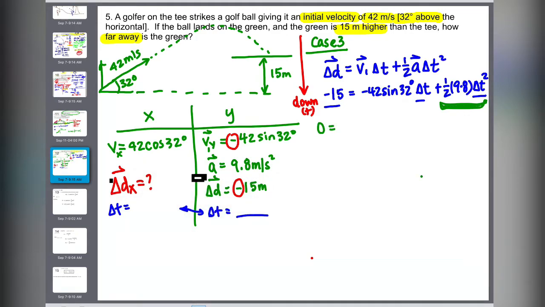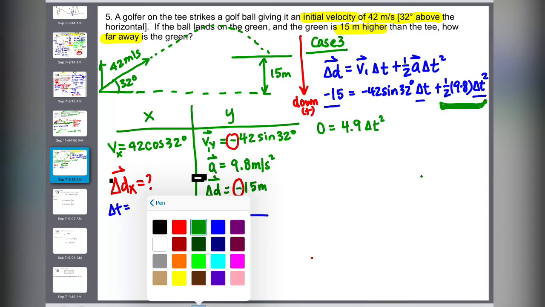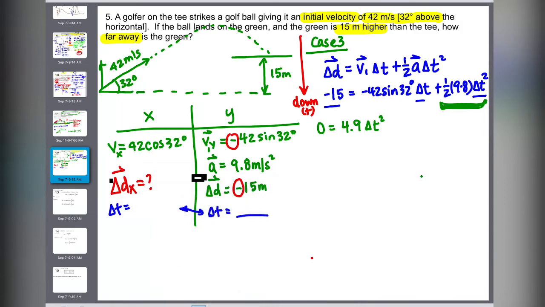I'm going to take a look at the green part first, okay? Half times 9.8 times delta T squared, I have 4.9 delta T squared. Then the next term that I'm going to look at is the one involving the v1, the second one. I'm keeping it on the right-hand side, so I'm keeping the negative, right? So this is minus.